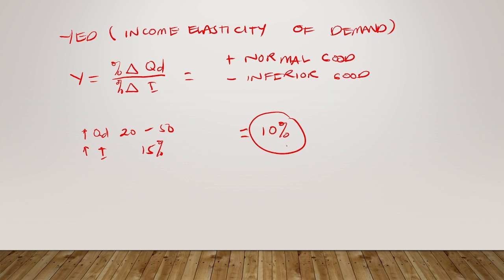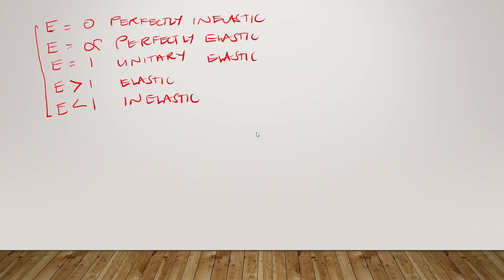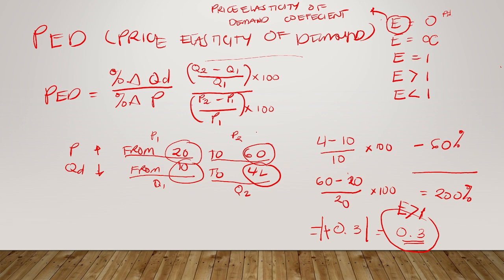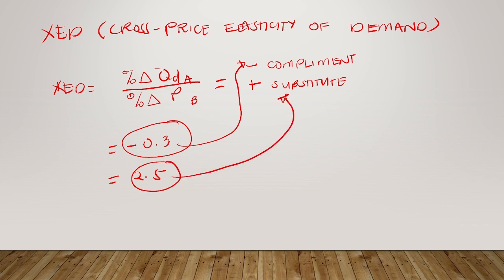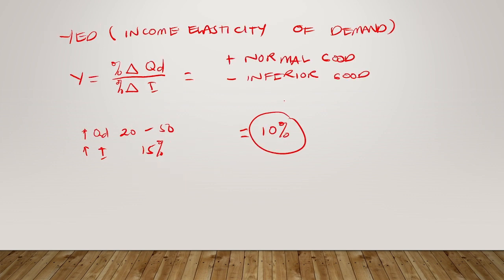So that's it for the elasticity of demand. We have price elasticity of demand, and cross price elasticity of demand. If it's negative, it will be a complement. If it's positive, it will be a substitute.